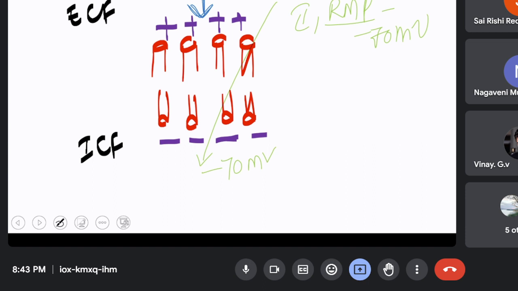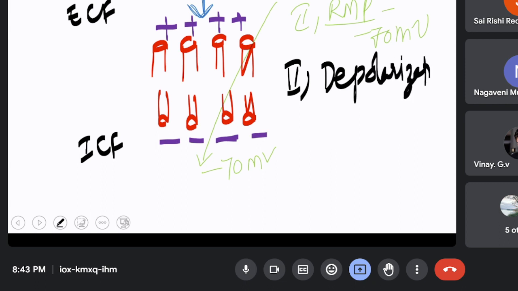Okay, so let's see what happens now. When the stimulus is given, we say the membrane gets depolarized. How does this take place? This takes place because of, again, the movement of ions only.